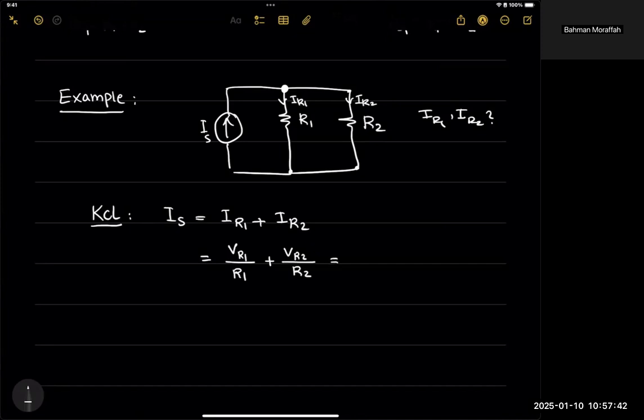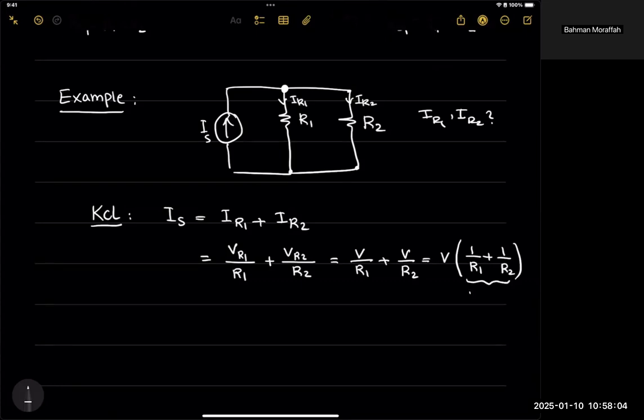So I can write that as V divided by R1 plus V divided by R2. Now I can factor out this V. So I have V times 1 over R1 plus 1 over R2, right? I can simplify this down.